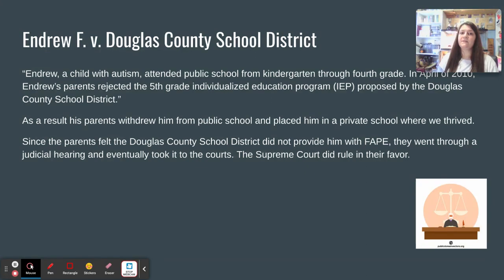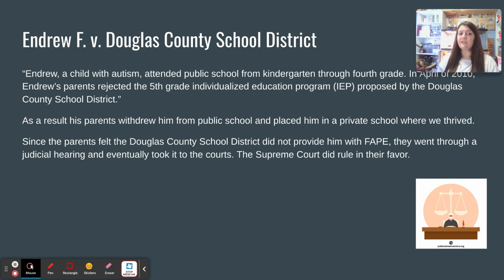So the parents, when they went to the meeting, felt that the district had not changed his IEP enough for him to continue to grow. They felt that his learning, both academically and socially, had stalled at the school he was attending, and that the IEP just wasn't doing anything to encourage him to continue to grow.